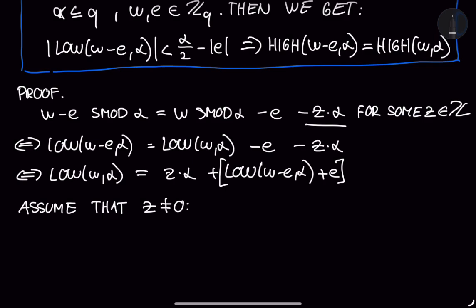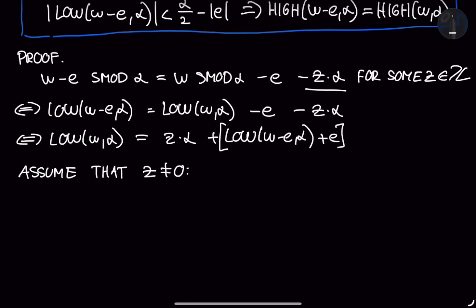So we use a proof by contradiction. We show that this cannot be true: we assume that the set is non-zero, and then we show that some problem arises if we put the set non-zero.